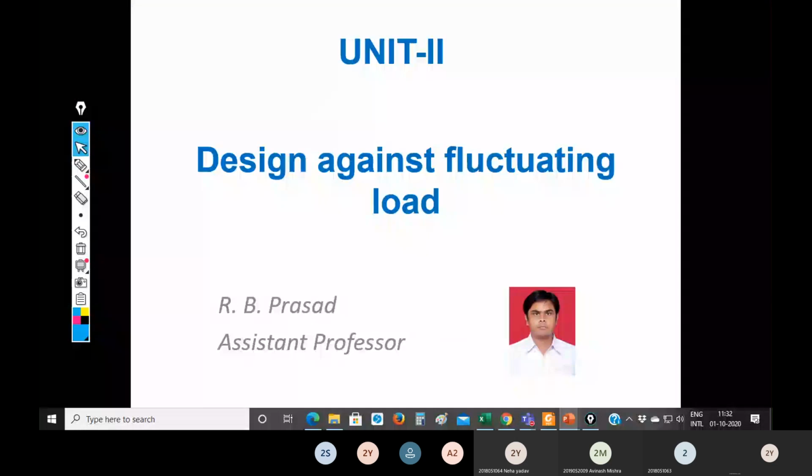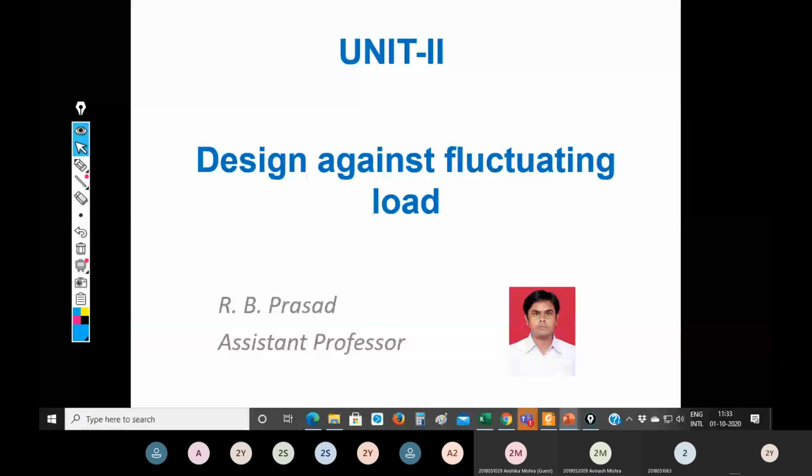We have completed the first part of Unit 1, Design Against Static Loads. Today we are going to start the second part, Design Against Fluctuating Loads.